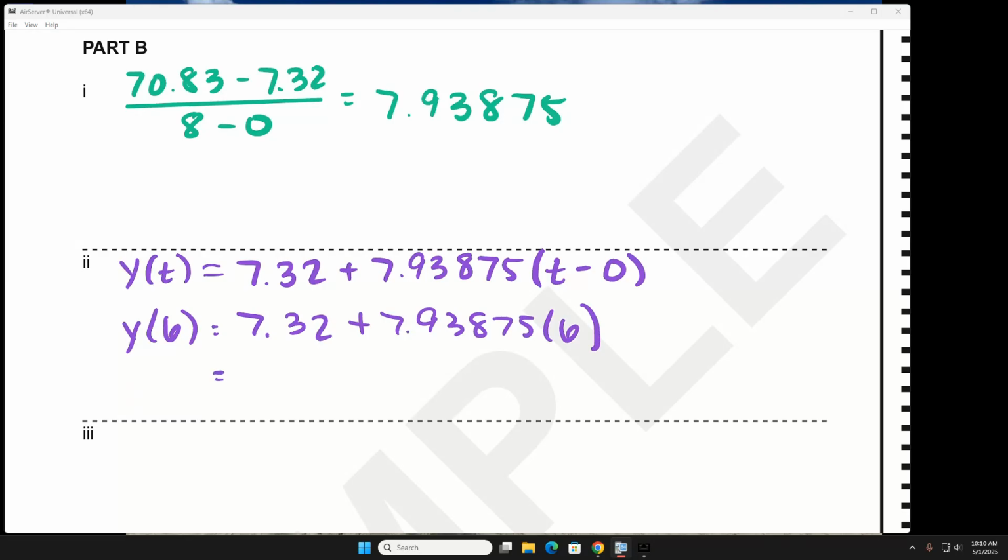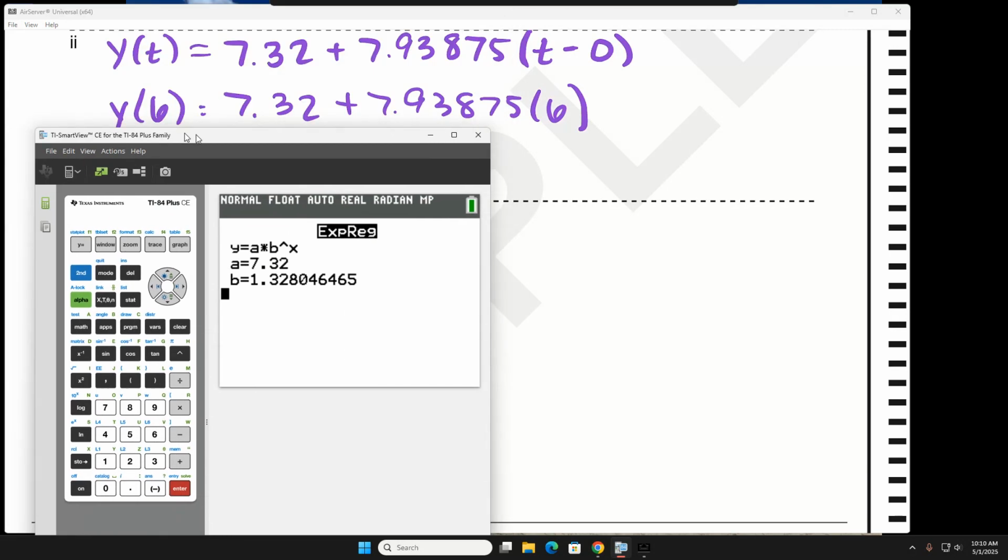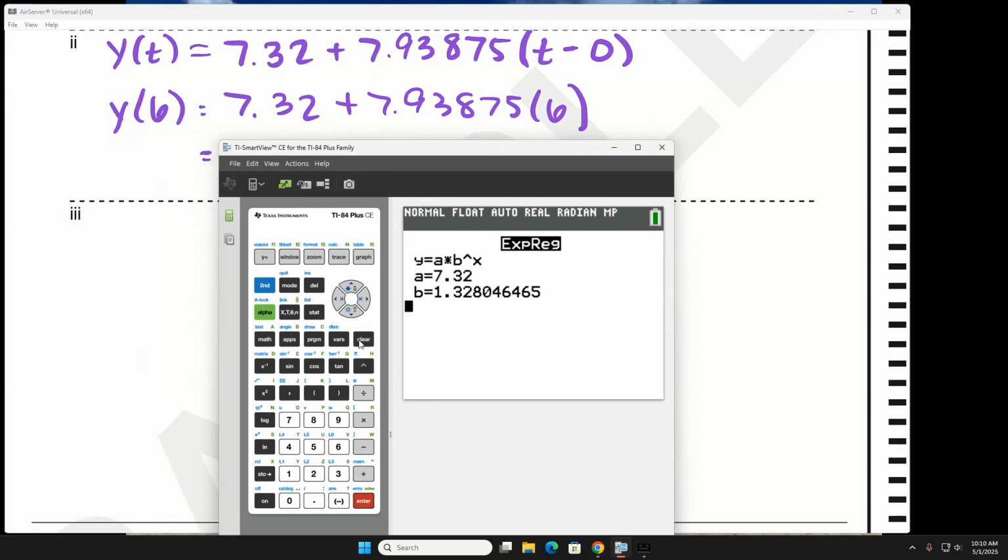All right, and then we can just let our calculator do the work here. Now, if you found the average rate of change, you can go back and pull it up instead of having to retype it if you wanted to.